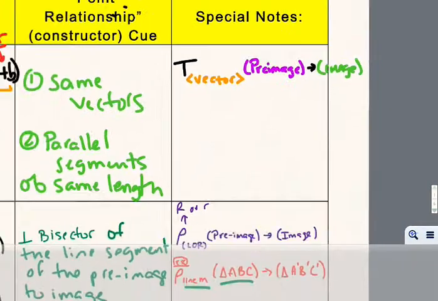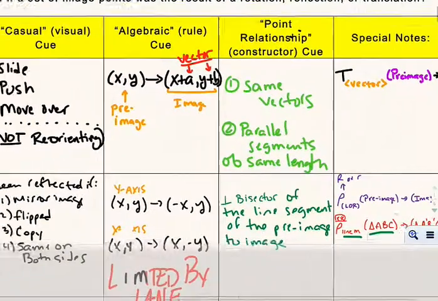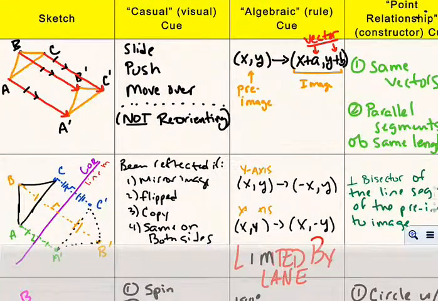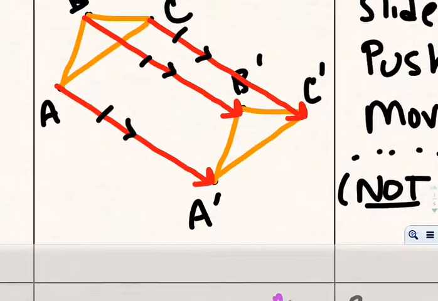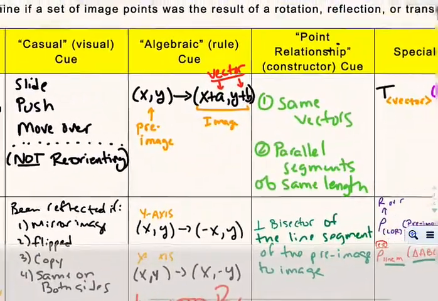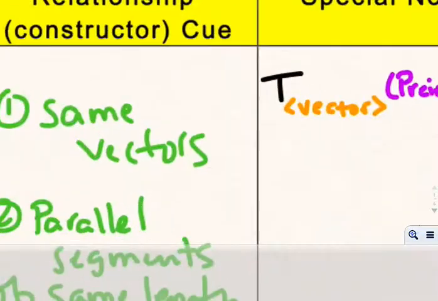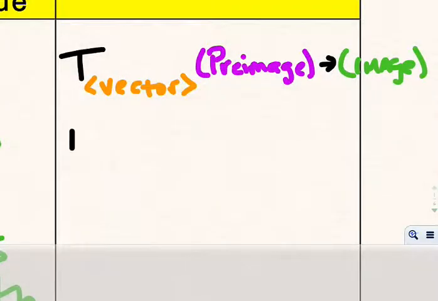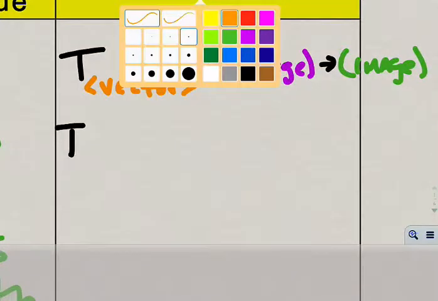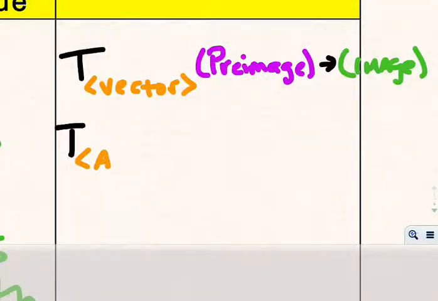Okay. So for example, if I'm looking at this guy right here, the way I'll write that rule is that I have this translation. I have it along the vector AA prime.